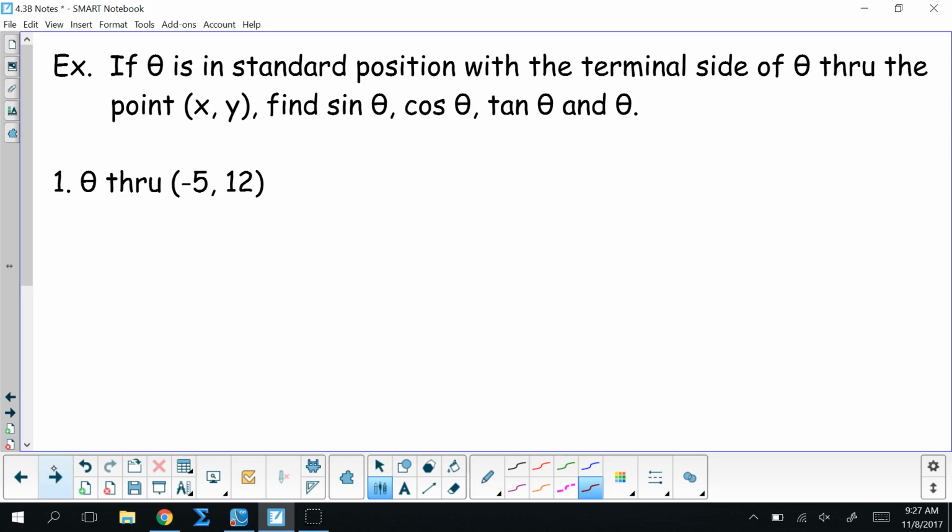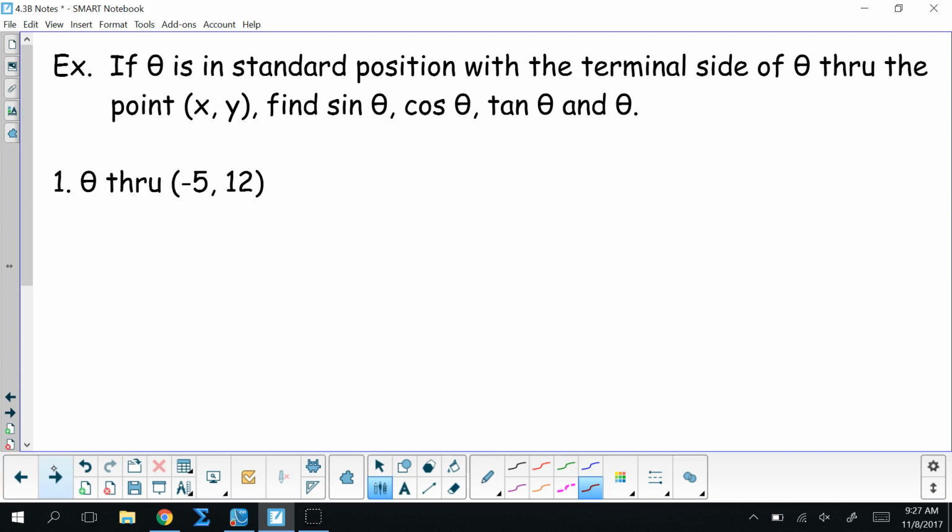So now let's switch it up a little bit. Let's switch gears just a little bit. Okay. So let's say that theta is in standard position, which means that the initial point of the ray is at the origin, okay?